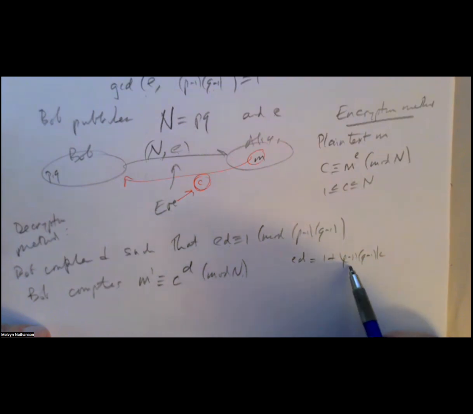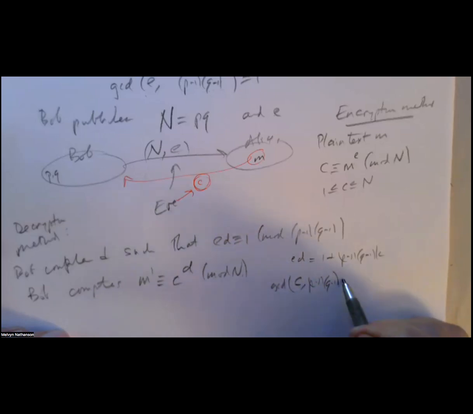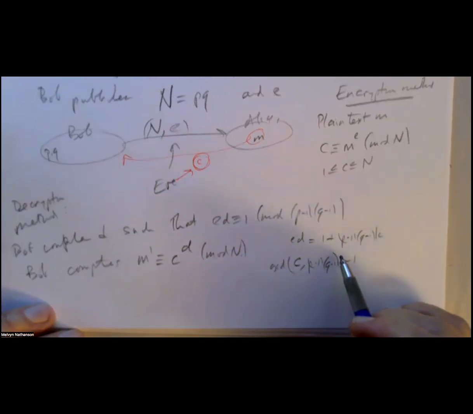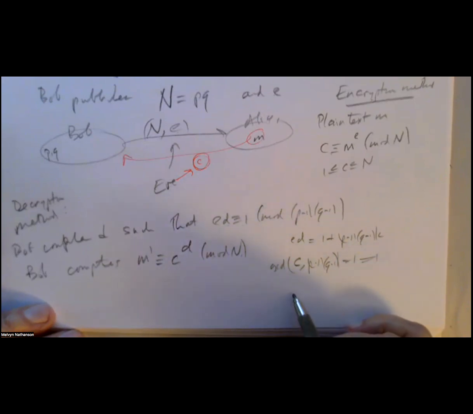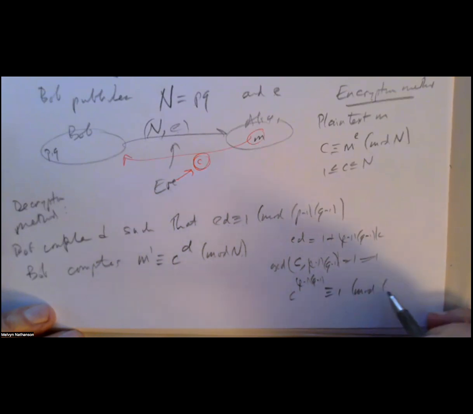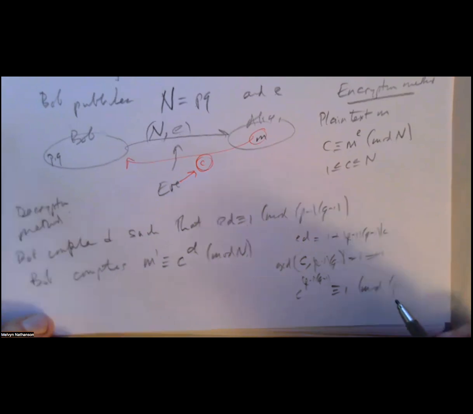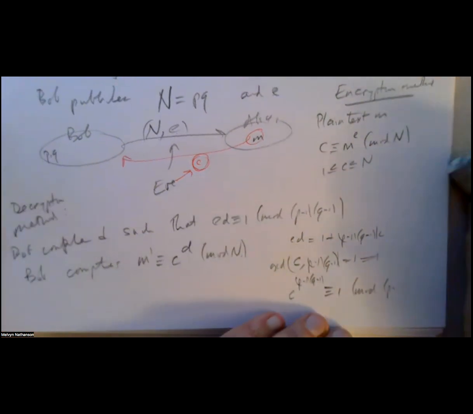And we know that C and PQ are relatively prime. They have greatest common divisor 1. So C to the (P minus 1)(Q minus 1) is congruent to 1 mod PQ.